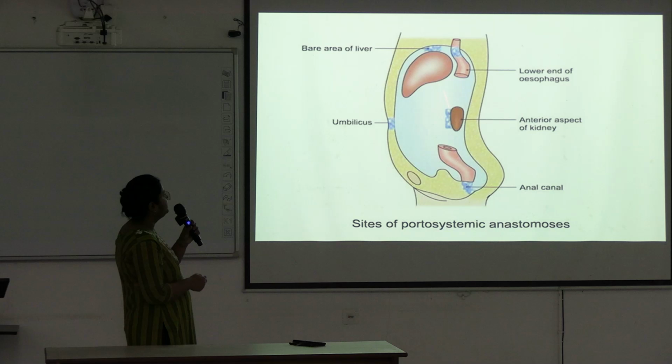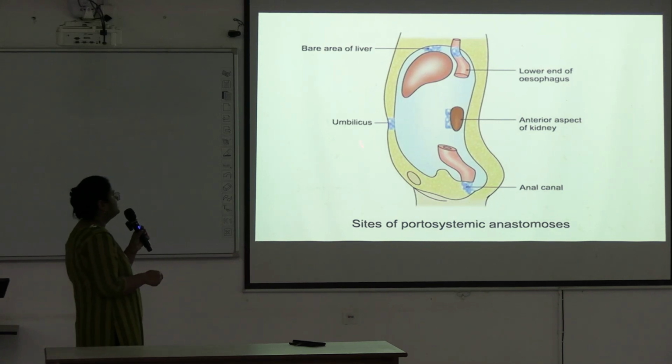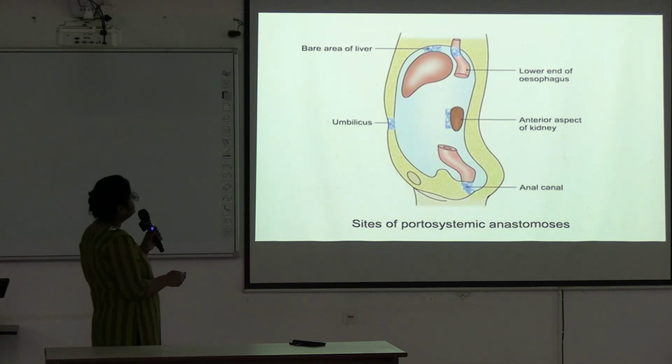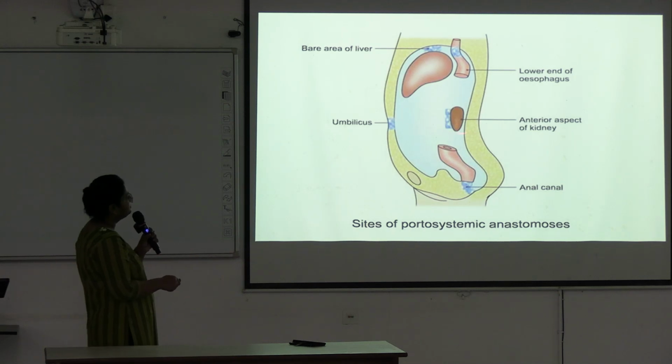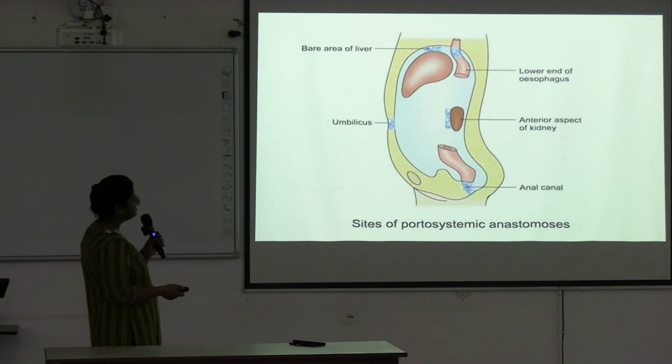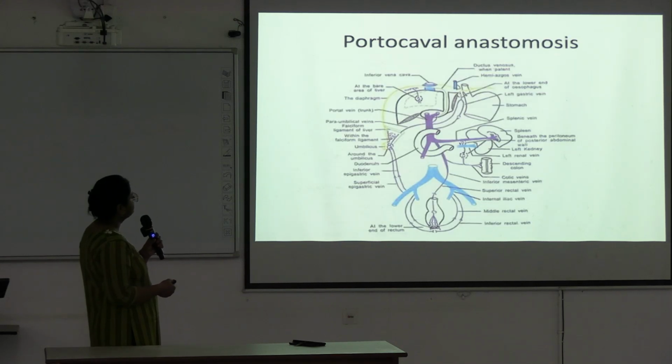Okay? So the sites have been shown. This is umbilicus, here lower end of esophagus, bare area of the liver, posterior abdominal wall, anal canal. Okay, sites of portosystemic anastomosis. Next, this diagram is very complicated. You may practice this.